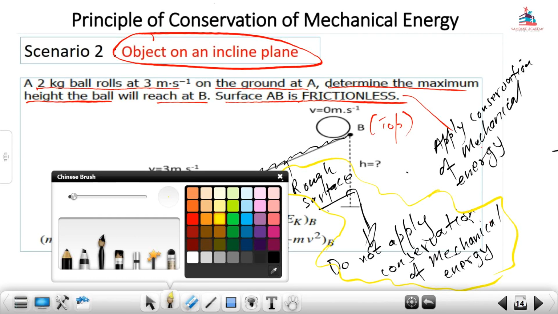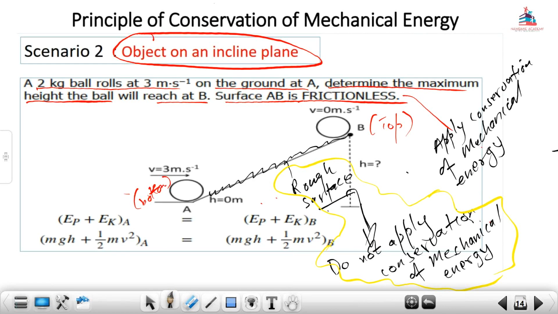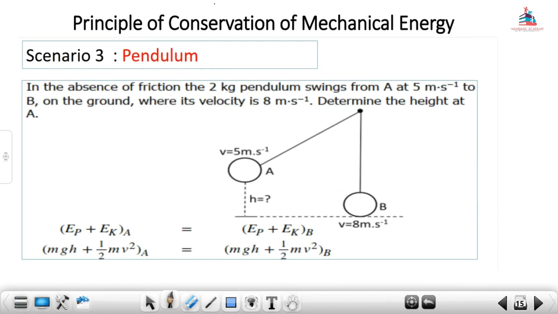So now with scenario number 2, I believe we are done. Let's now look into scenario number 3. Scenario number 3 is a pendulum. We come across a lot of this at times, but it's one of the nice questions that you find in an exam.